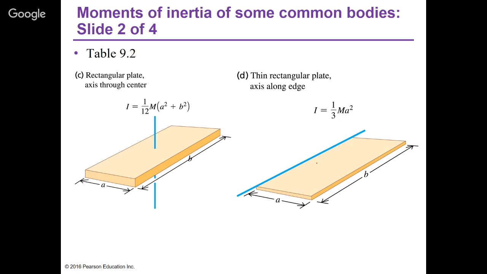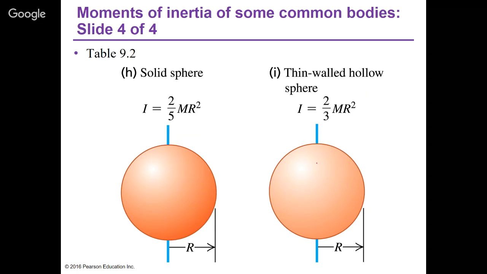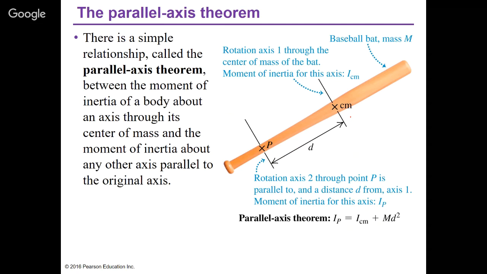This is for a slab, for different types of cylinders, hollow cylinders, for spheres, and for very thin-walled hollow spheres, that will be 2/3 of m r squared. Right, so now I'm going to introduce a theorem called the parallel axis theorem.